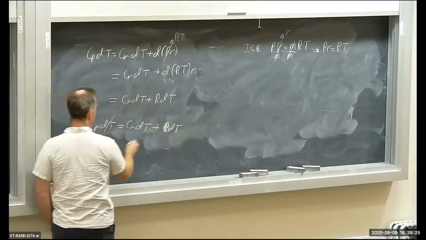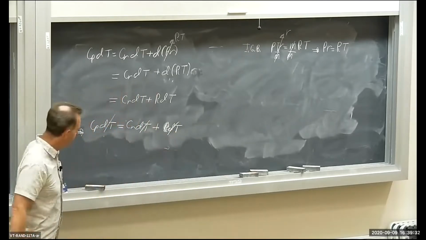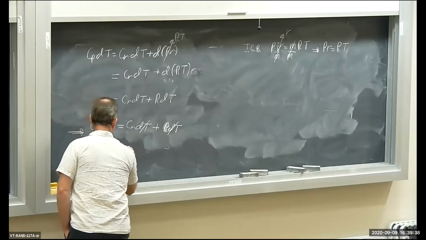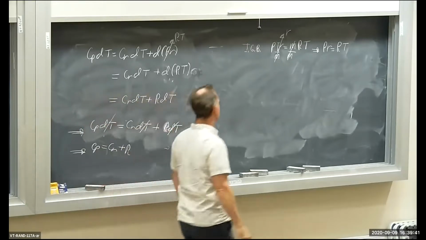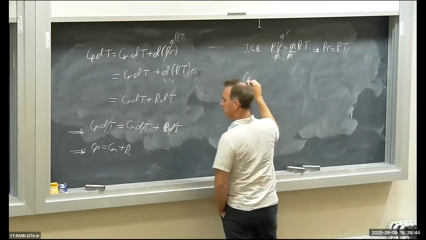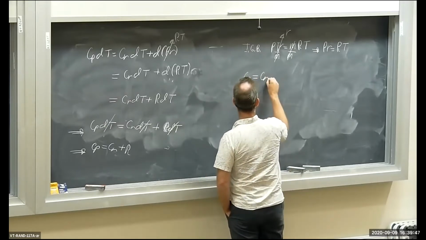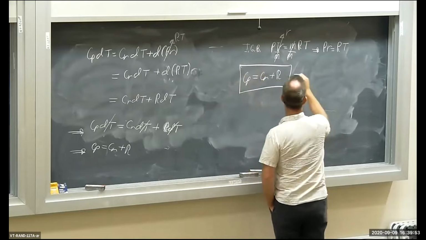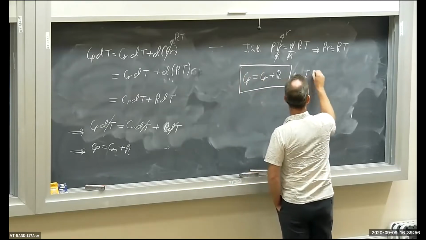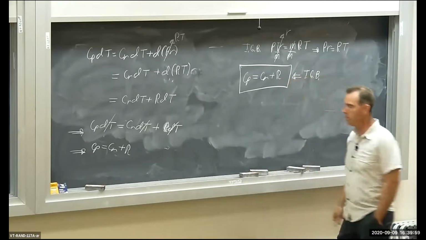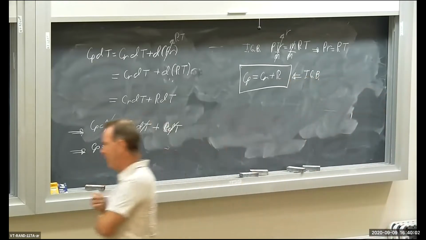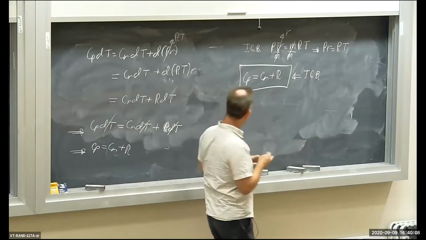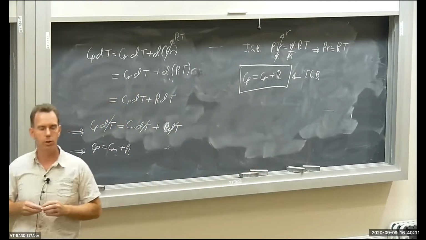Let's cancel out the differential change in temperature. What do I have left? Cp is equal to Cv plus R. So for IGB, the relationship between Cp and Cv is Cp is equal to Cv plus R. Put a box around it. This is valid for IGB, ideal gas behavior, okay? So if somebody gives you a gas and they only give you the specific heat at constant volume, and you've got to find the specific heat at constant pressure, boom, there you go. You can use that equation.